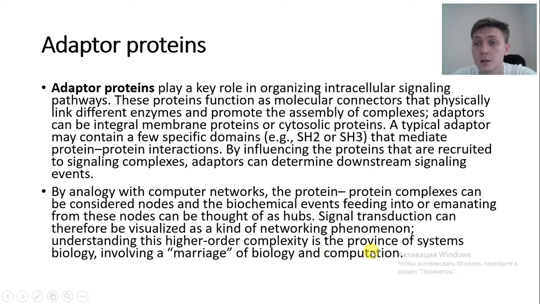Actually, we have a science known as biological informatics, which studies the relation between information given to the cell, the transduction of information from one cell to another, and its transmission inside the cell.